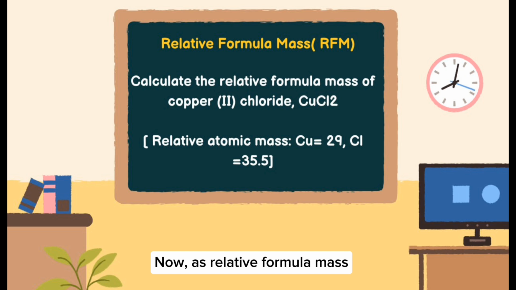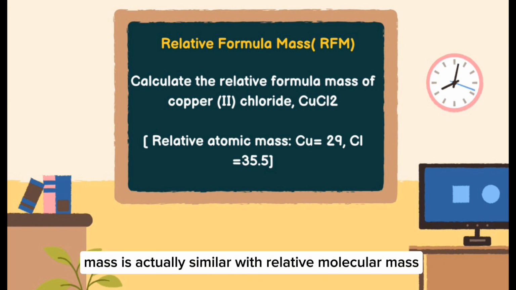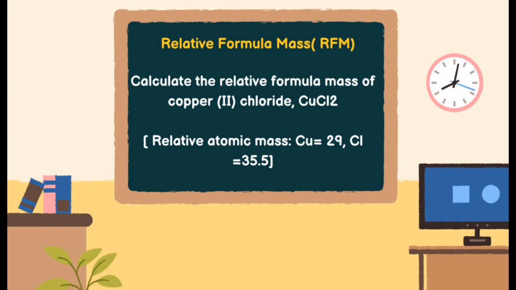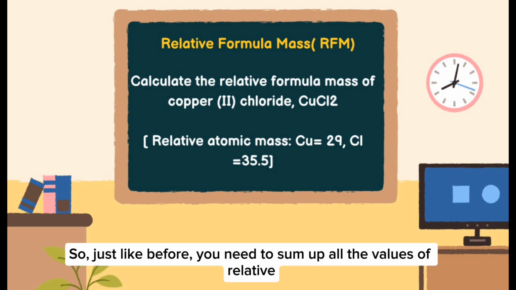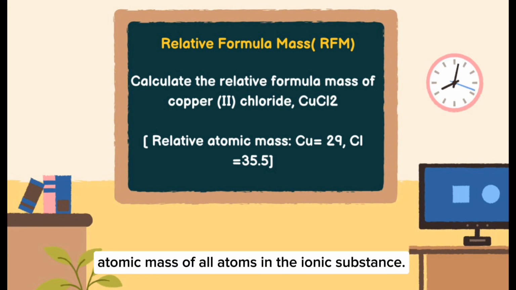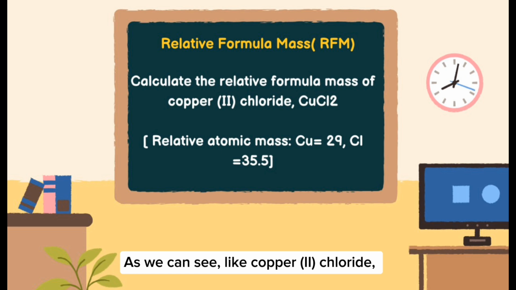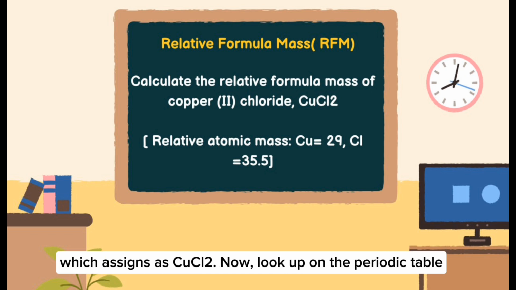Now, as for relative formula mass, you must remember, students, that relative formula mass is actually similar to relative molecular mass, but it involves an ionic substance. So, just like before, you need to sum up all the values of relative atomic mass of all atoms in the ionic substance. As we can see, like copper chloride, which is CuCl2.